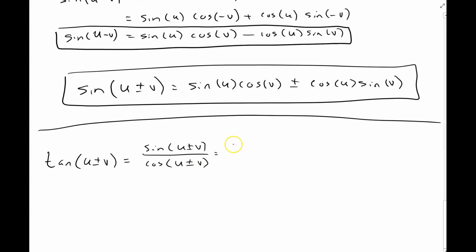So if I apply my identity for sine, I get this. And I apply my identity for cosine, I get this.